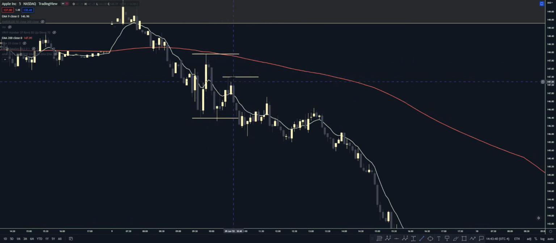This is now a lower high, and again, extremely important to mark, because if we break this level, we can then test that 15-minute ORB high. We make a lower high, reversal, and flush through this 15-minute ORB low or this intraday demand zone that was formed early in the morning.